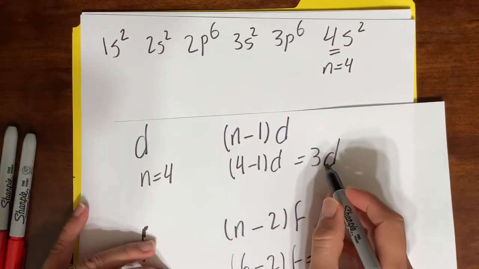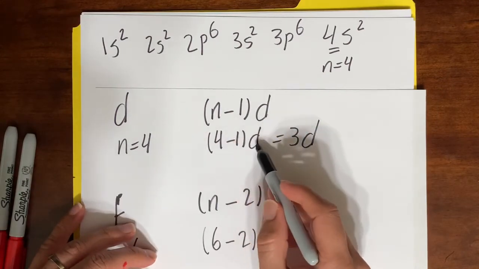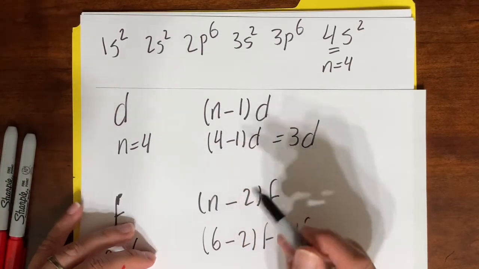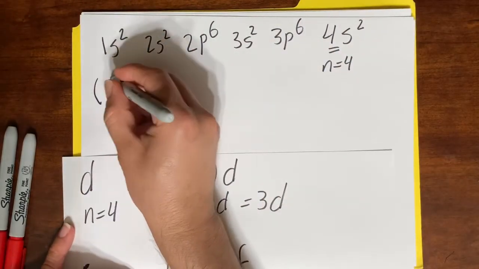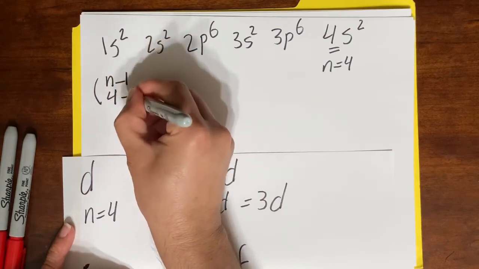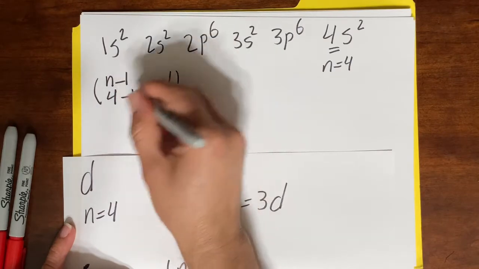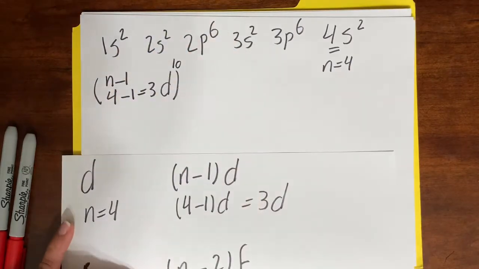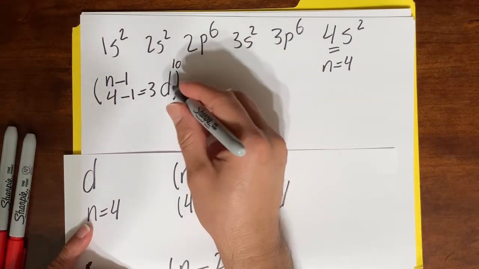Now I need to introduce the d orbital, and it's going to be n minus 1 d orbital. The highest n is 4, so you go with n minus 1. 4 minus 1 will be 3, and that's going to be the d orbital, and we can accommodate 10 electrons inside d orbital. Okay. So it will be 3d10.